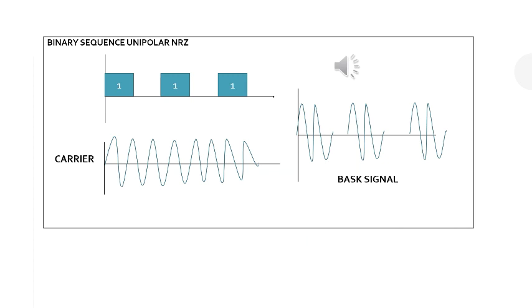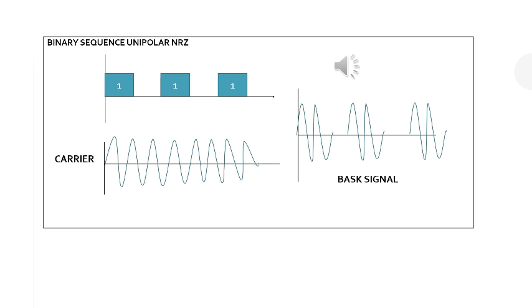You are seeing here that the 1 stays for the whole duration. In RZ, for half the time it remains 1 and in the other half it returns to 0. So this is the binary sequence in unipolar NRZ representation of the digital signal.